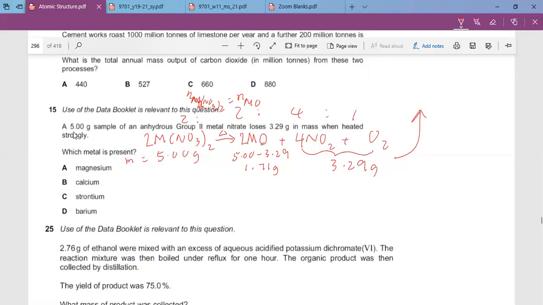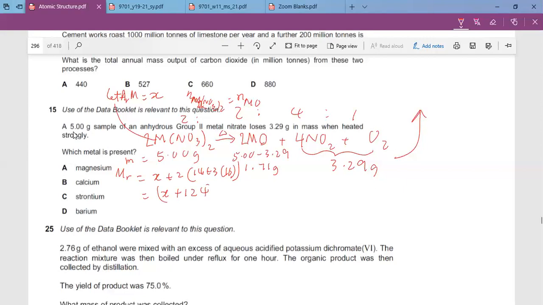Let the Ar of M be equal to X. Remember the Mr is X plus 2 times nitrogen 14 plus 3 times 16. So it's equal to X plus, I work it out here, the whole thing is 124.